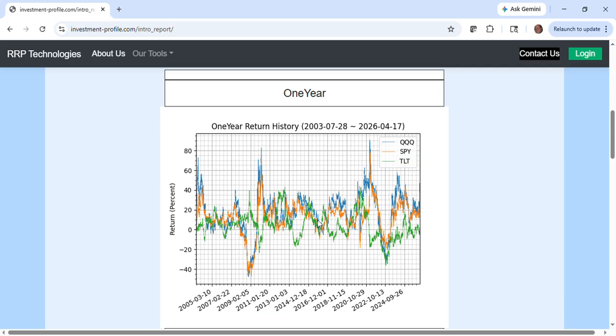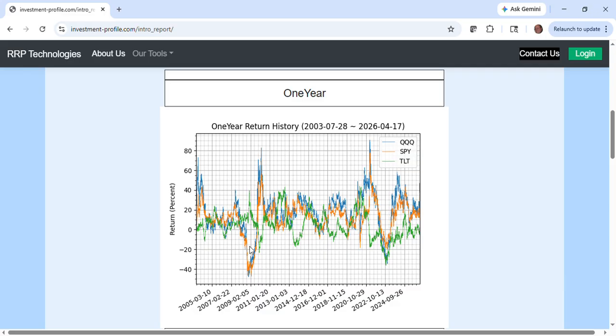And there's an interesting observation to be made here. You can go back to the financial crisis of 2008, and you see that spiders and QQQ both collapsed. They both lost 40%. And TLT behaved very differently. TLT actually made 40%. You can see the y-axis here.